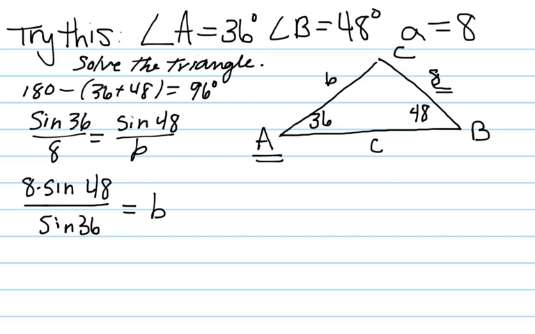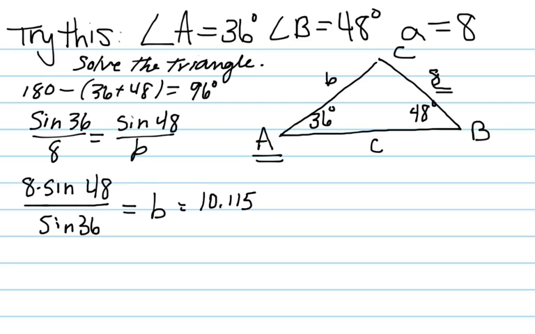Work this out, and b turns out to be equal to 110.115. Be careful, I am working in degrees because they gave me degrees in my problem. I think most of the time we'll be working with degrees, so be aware of that. If I gave you radians, then you'd have to be in radian mode in your calculator. Nothing too big to worry about, but watch for those things.